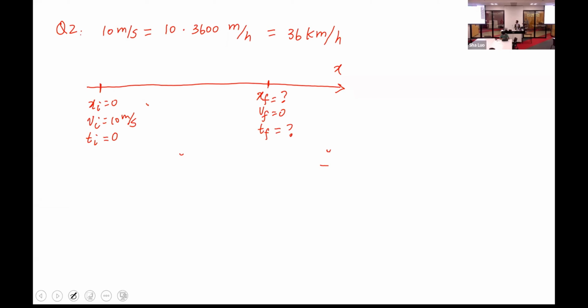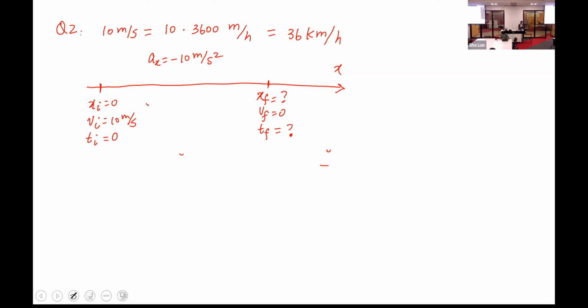Am I right? So what we know is our acceleration equals negative 10 meters per square second. As he just explained the formula, which formula can we use? There are 3 formulas which repeatedly appear in this week.